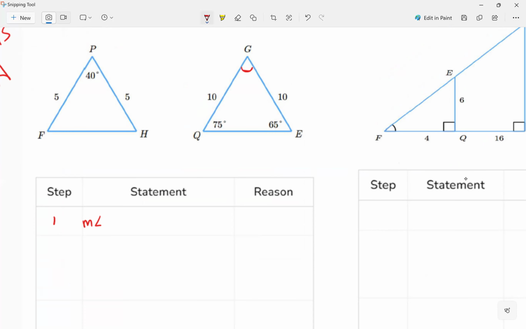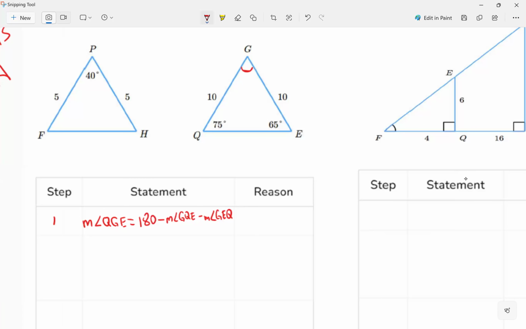So I'm going to say the measurement of angle QGE is equal to 180 minus measurement of angle GQE minus the measurement of angle GEQ.